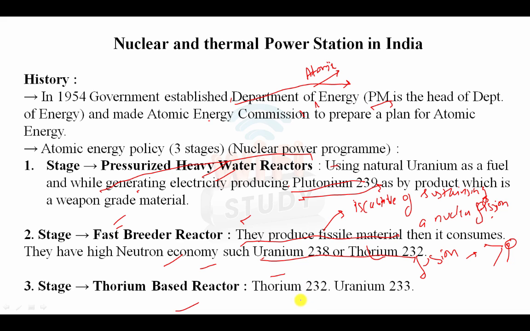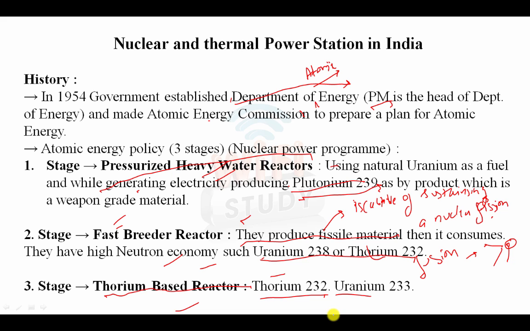And thorium 232. In the third stage, that is the thorium based reactor, the most advanced technology in the field of nuclear, thorium 232 and uranium 233 are used. Friends, you don't need to get into the details of the three stages of a nuclear power program. The only thing you need to understand is which uranium is used in which stage.